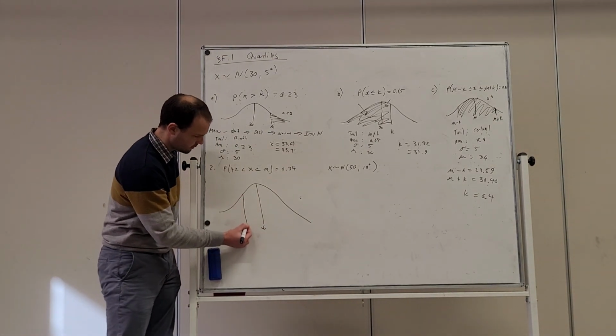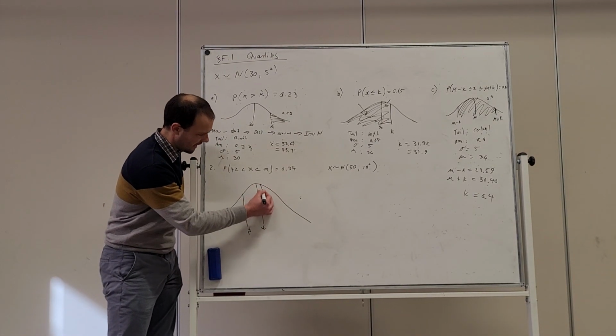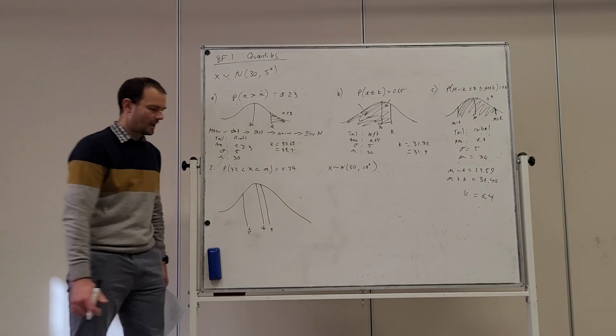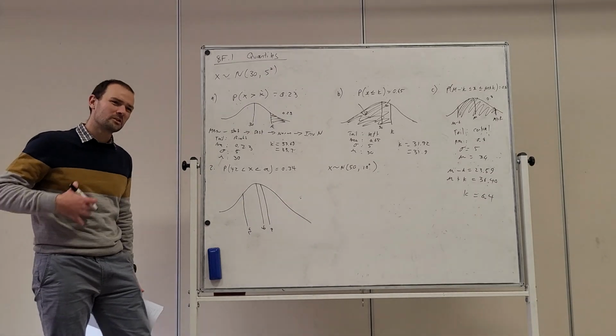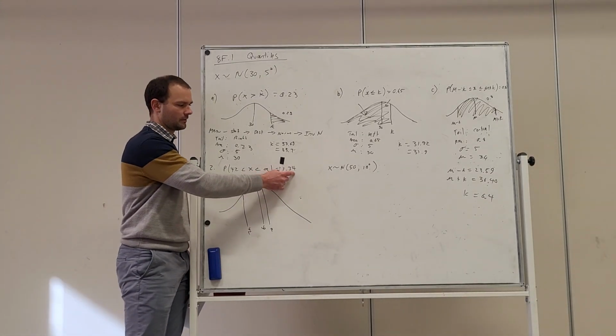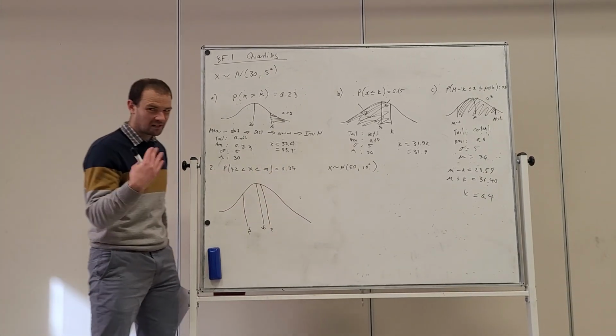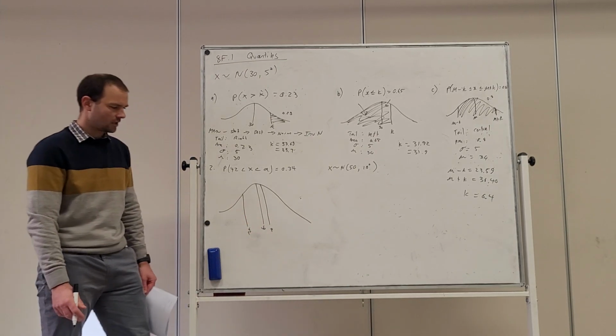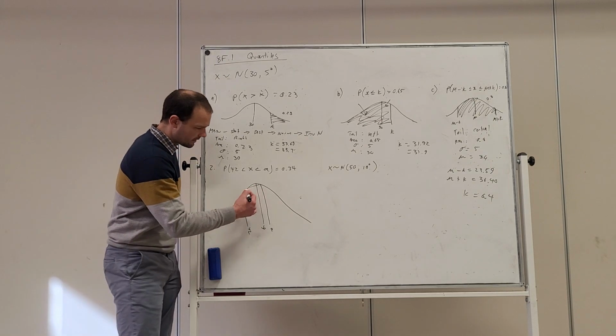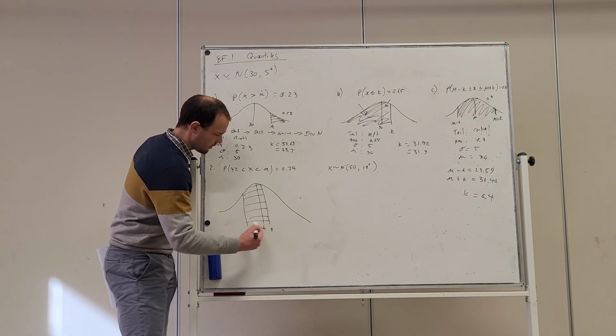And so we're saying between 42 and A. I know A is going to be to the right of 50 because I know between 42 and 50, the area is 0.34. So it doesn't really matter, but just for the sake of precision when I'm sketching it. And we've got this area here is 0.34.